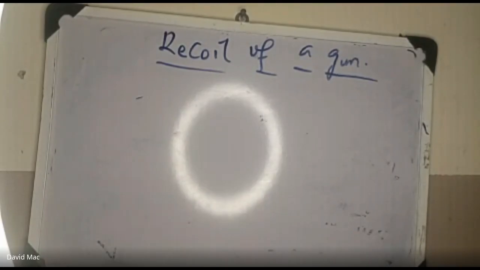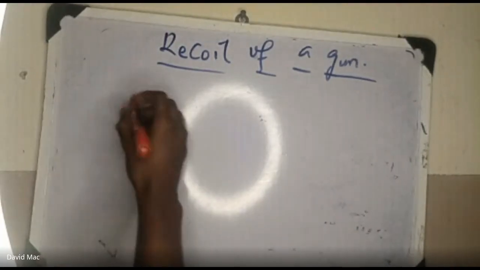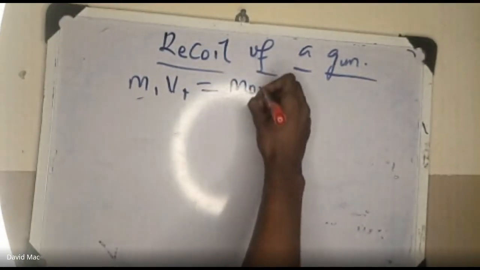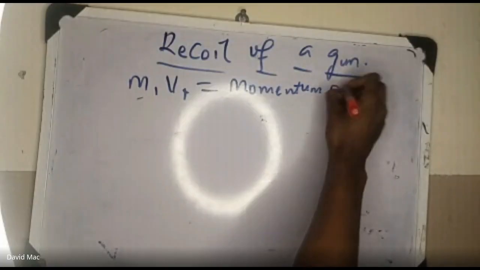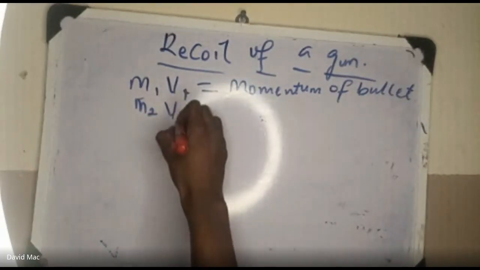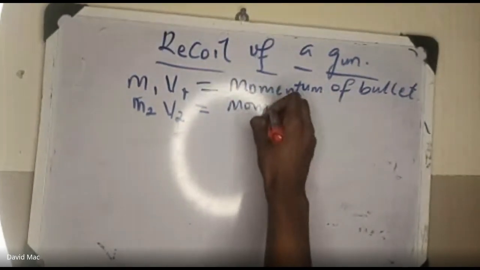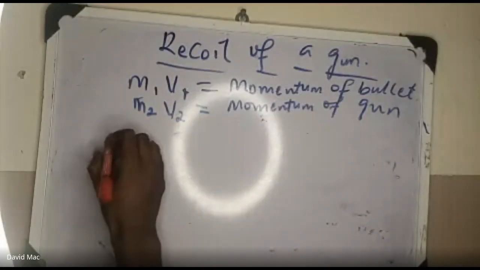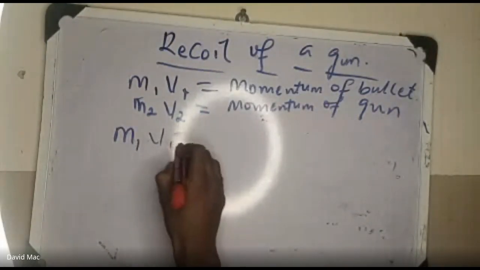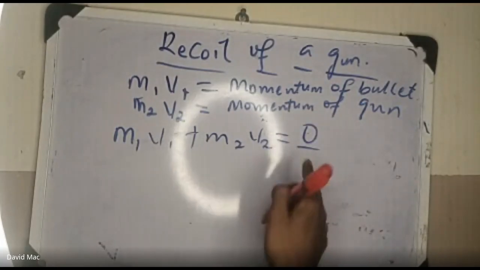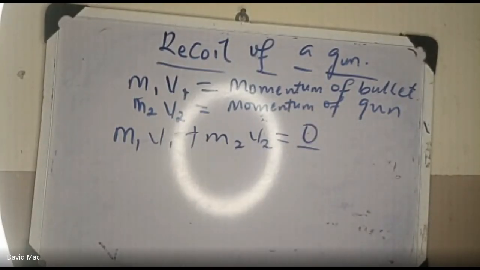Now, since momentum must be conserved, M1 V1 is known as momentum of bullets, and M2 V2 is momentum of gun. Now remember, we said M1 V1 plus M2 V2 is equal to what? Zero. This zero is the initial momentum of the gun and the bullet, that is zero.